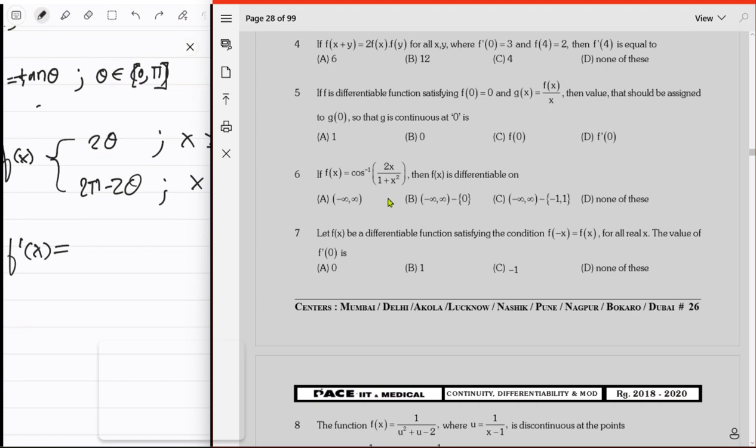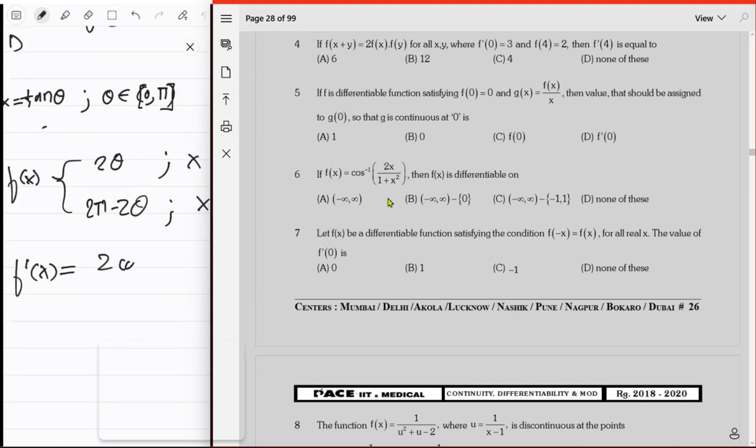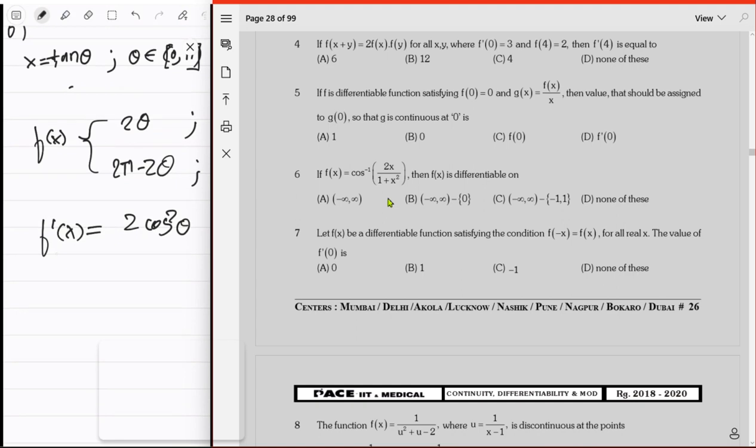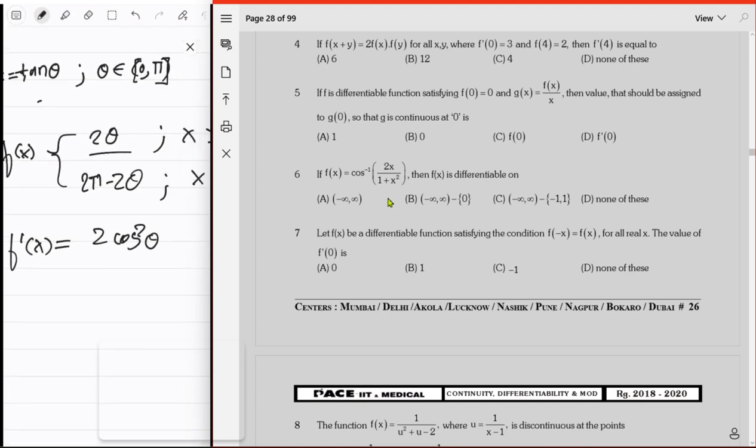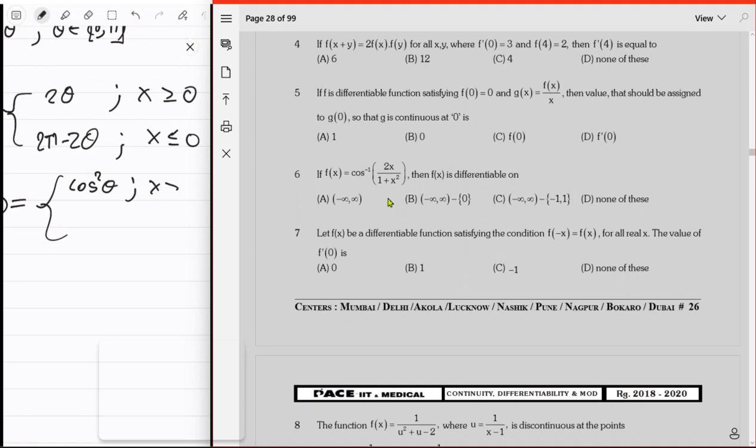Does that make sense? And then x is just this thing, it's 2 upon secant square of theta, which is like 2 cosine square theta. So that's what f dash of x will be in this range. And so it's this thing when x is cosine square of theta, when x is bigger than or equal to 0.